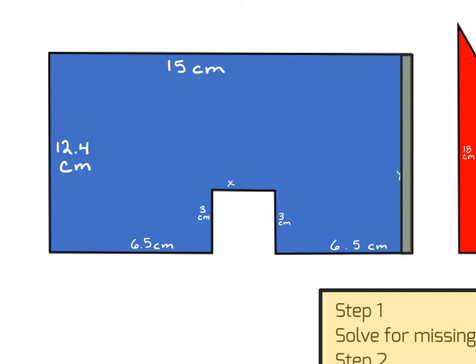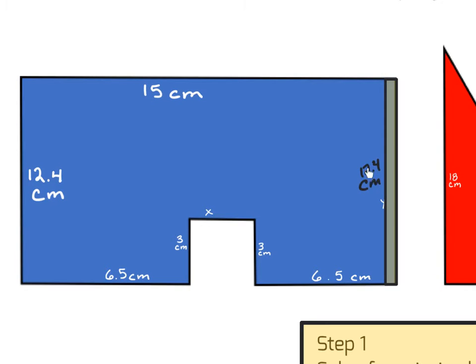So this side here, I just moved over, it's the exact same size. So that means that if this side over here is 12.4 centimeters, this side over here has to be exactly the same. It has to be 12.4. So bam, I can write 12.4 centimeters for that right there, okay?